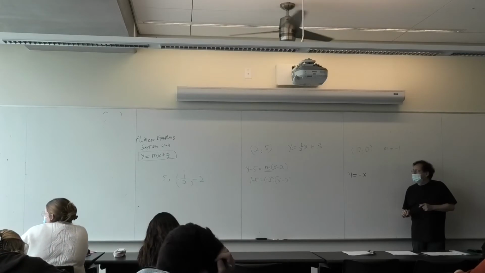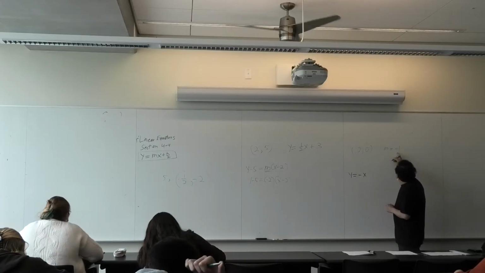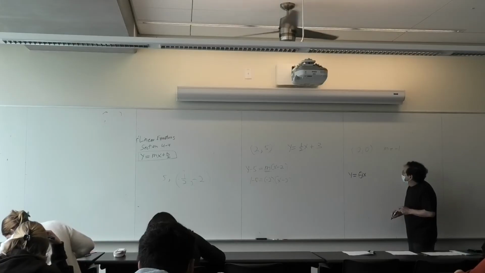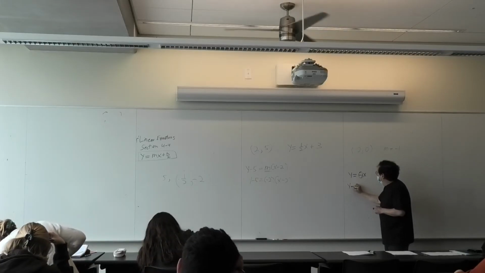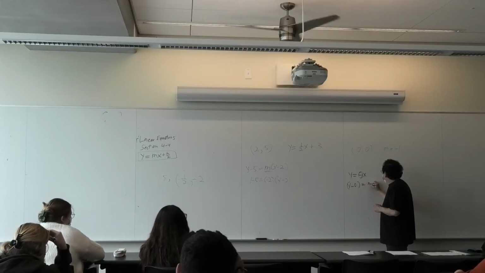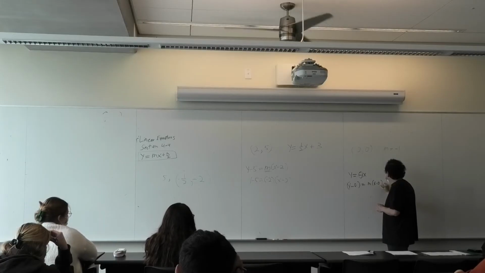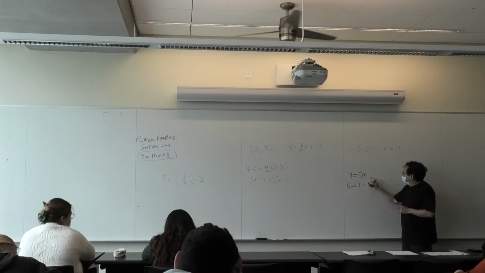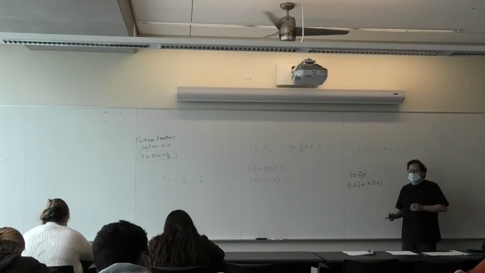Anybody see that? There's my slope, -1. It was y minus 0 equals m times x minus 0. This m is -1, so I just get y equals -x.